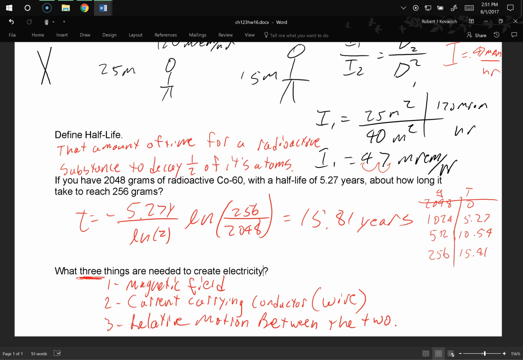Or I could do this. I just have to have somebody moving. I could do this, but that would make an engineering nightmare. So I just move one of them around. So as humans, with the exception of solar power, that's how we create electricity. I got a wire, I got a magnetic field, and I move one of them.